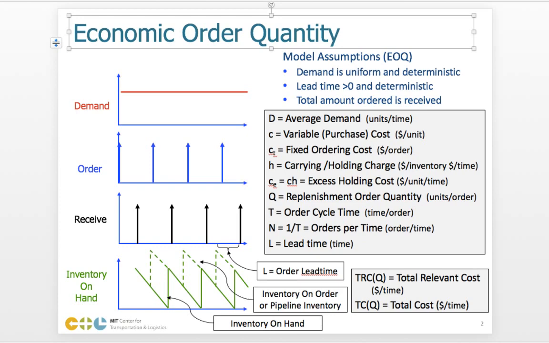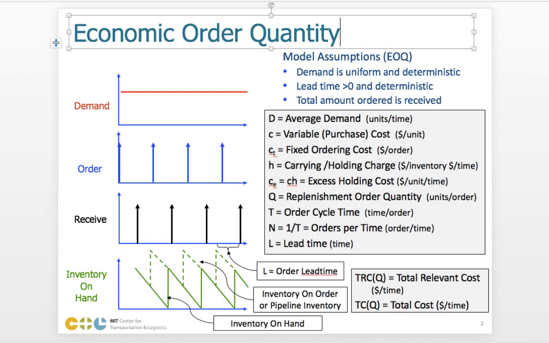When you place the order, you receive that order after a period of time. That's your lead time. And this results in that nice little sawtooth chart that shows the inventory on hand as well as the inventory on order. I think it's a dashed line on the slide that tells me the inventory position. And the position is what determines when I want to place my next order.